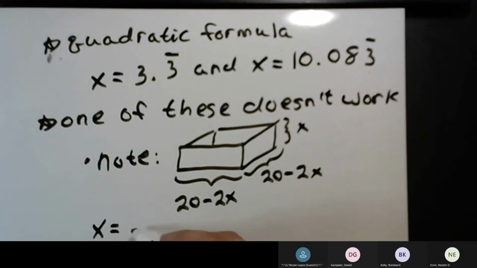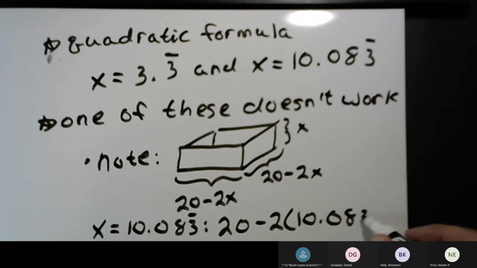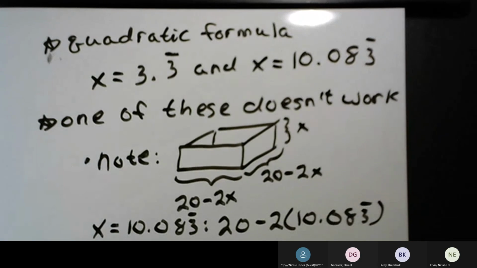If we let x be 10.083 repeating, we'll get 20 minus 2 times 10.083 repeating, and that gives us a negative number, approximately negative 0.166.